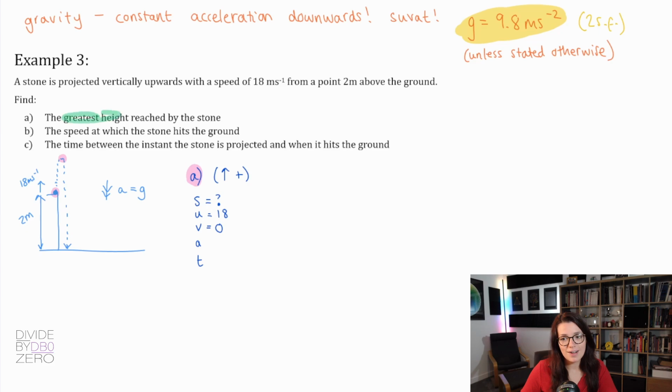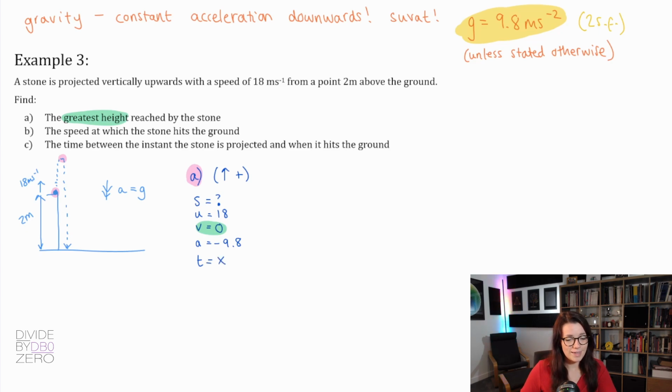So greatest height, v equals 0, because if you think about it, if a ball or a stone or a particle is travelling upwards, at the top of its journey, it's going to momentarily stop and then fall back down. Now, a, acceleration due to gravity, is actually going to be minus 9.8 in this question because we're taking up to be positive. So anything traveling downwards will be negative. Time, we don't know and we don't care, so we can put a cross there.